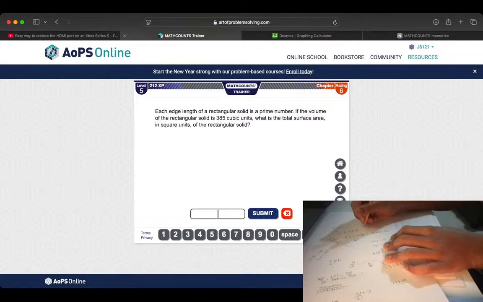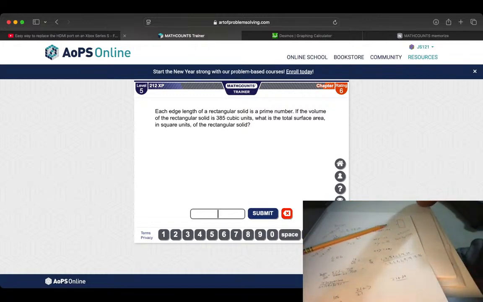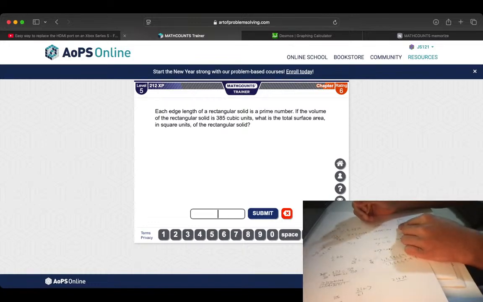Okay, so let's list out each factor we can put in here. 385. It's not going to hit 90, so 3 is not an option. But we can go for 5.